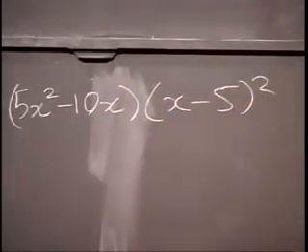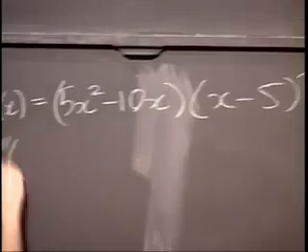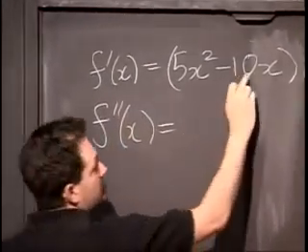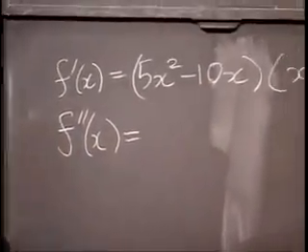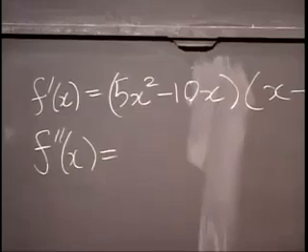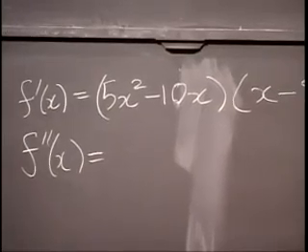Okay, let's differentiate this to find the second derivative. We'll use the product rule. So I turned the 3 factors that we had originally into 2 factors because it's easier to differentiate.